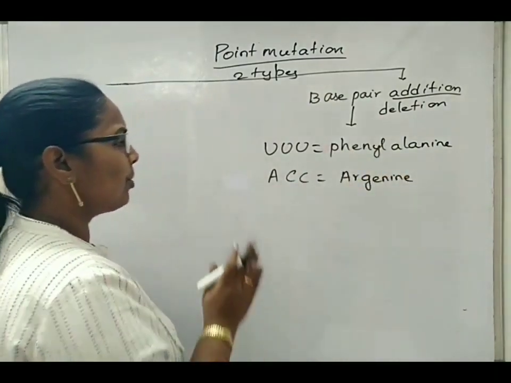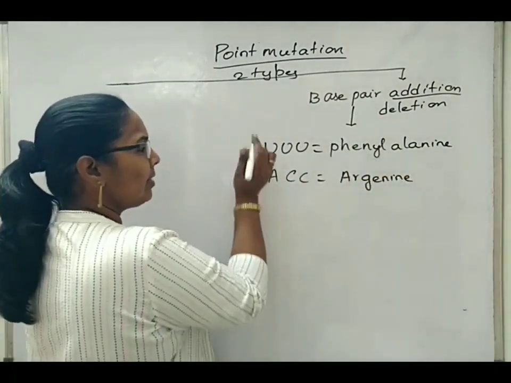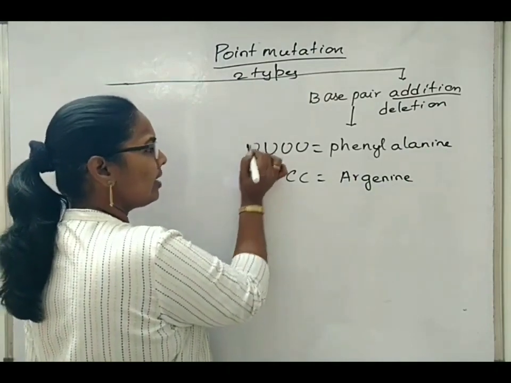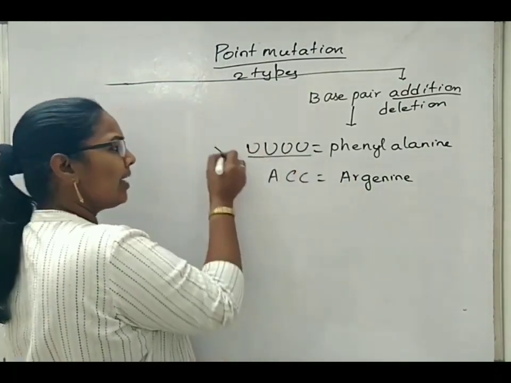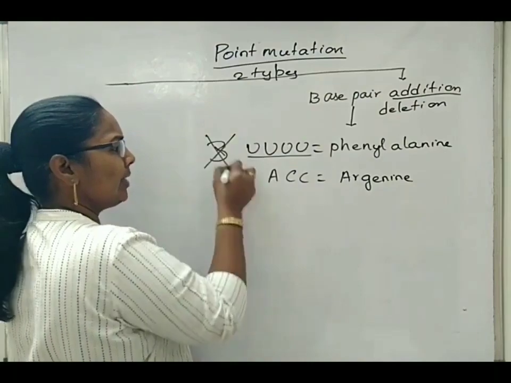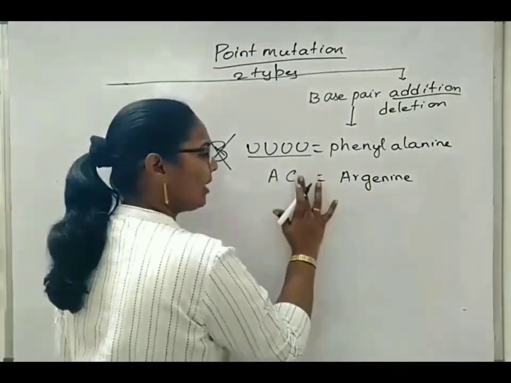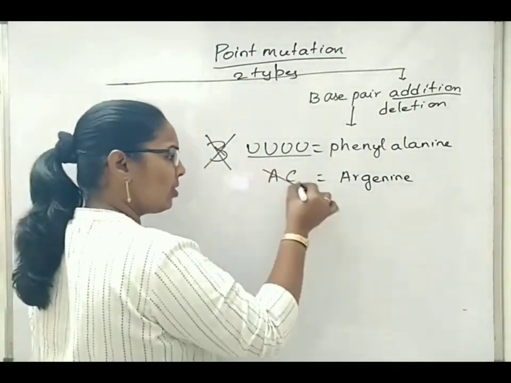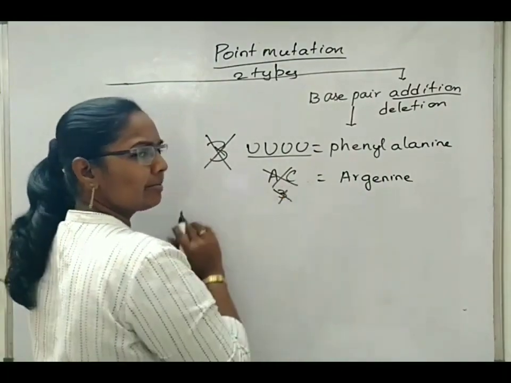Now suppose one extra nitrogen base is added here, then also it will not be divisible by 3. If one nitrogen base is deleted, then also it is not divisible by 3.